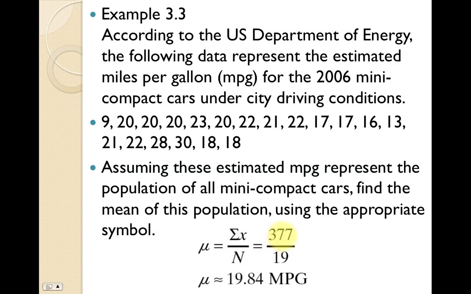That's 377 over 19. And mu, which is our symbol for the population mean, is approximately, that's what the approximation symbol looks like, 19.84.